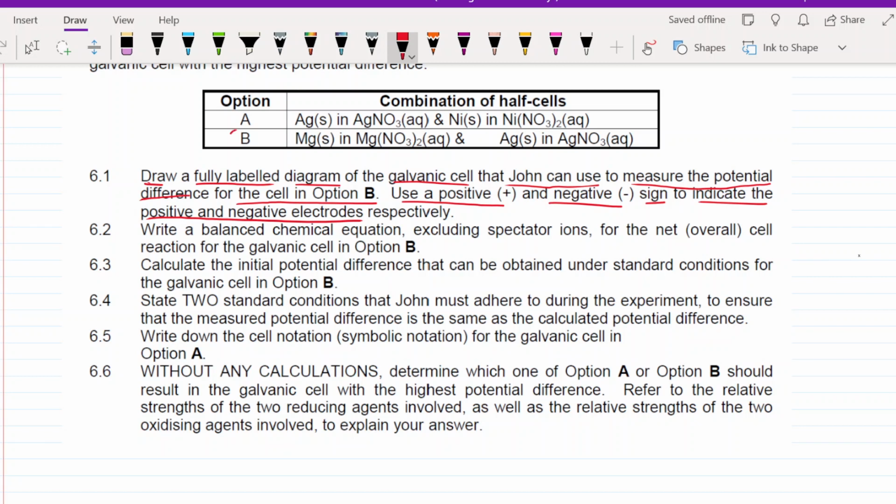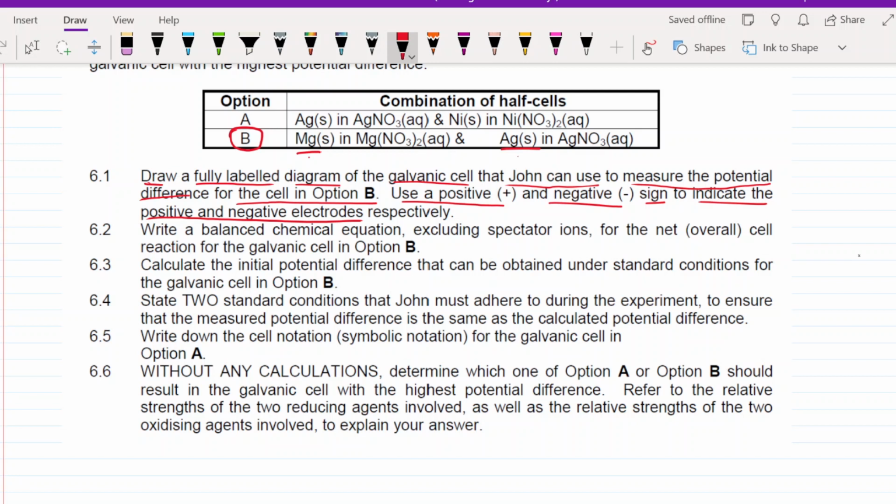So they say now we must draw this galvanic cell in option B. But they said that for the electrodes, which is magnesium, and the one for silver, we must indicate which one is positive and which one is negative.